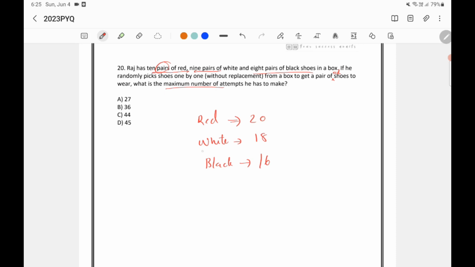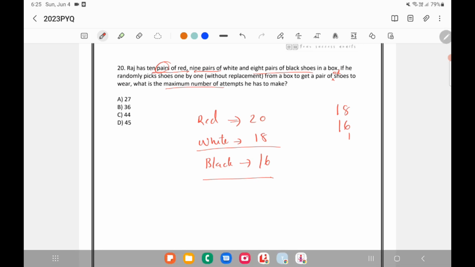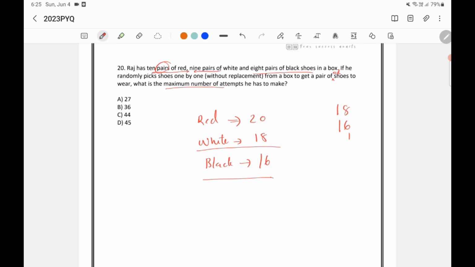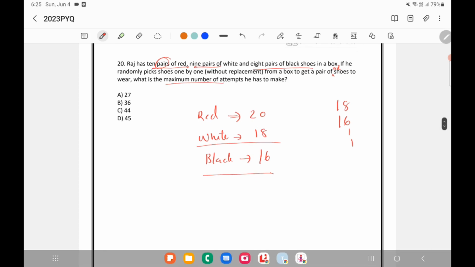Let us assume that he picked all white first. So in the first 18 tries, he picks all 18 white shoes. In the next 16 tries, let's assume he picks only black shoes. Now the next shoe he picks will surely be a red shoe, because white and black are finished, so only red remains. And the next one also will be a red shoe.